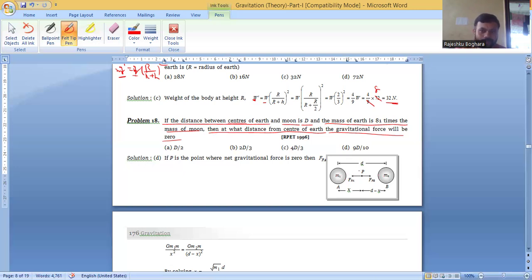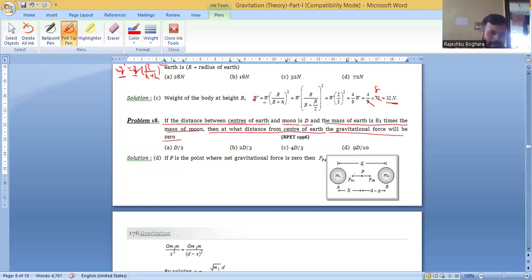Then दोनों force, मून और अर्थ के, force due to earth is equal to force due to moon, equal but in opposite direction.